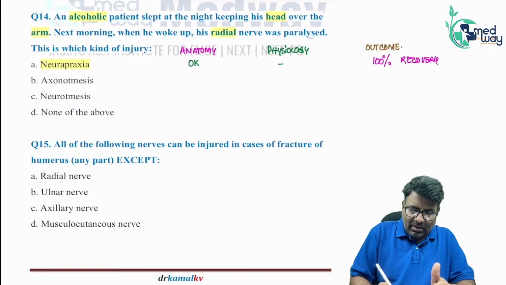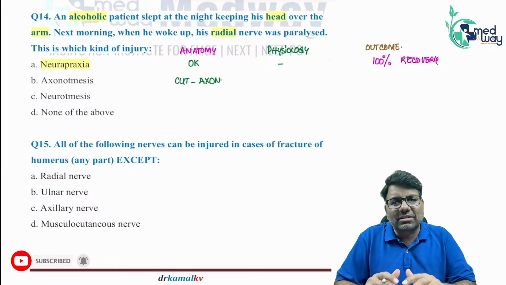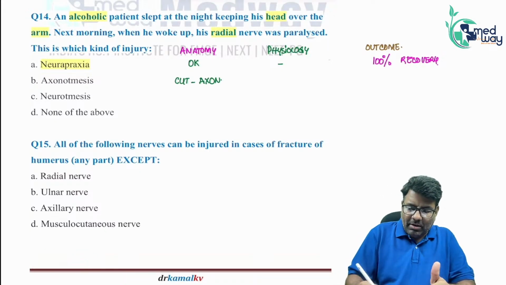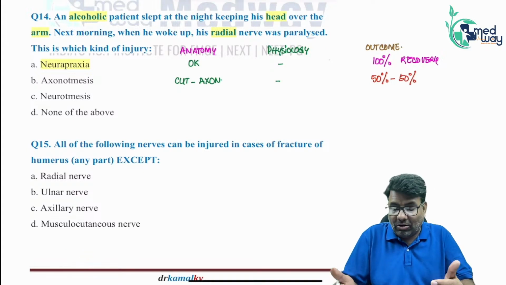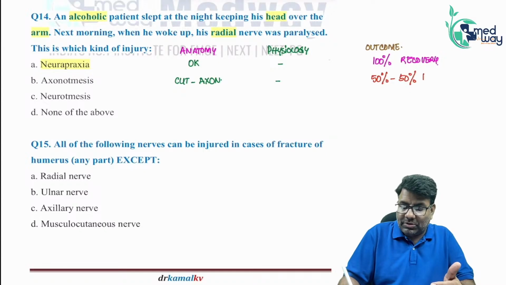Now here there are cut axons. So the axons are damaged, right? But now what will happen? You can say 50-50. There might be recovery, there might not. So there are 50% chances of recovery.